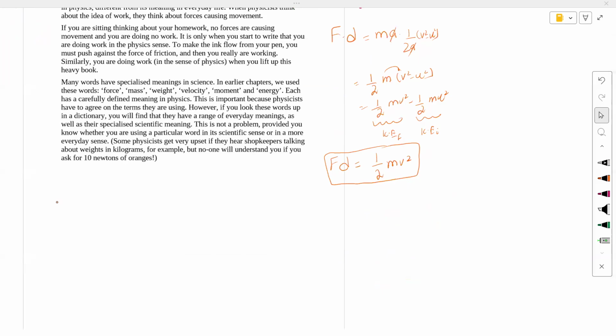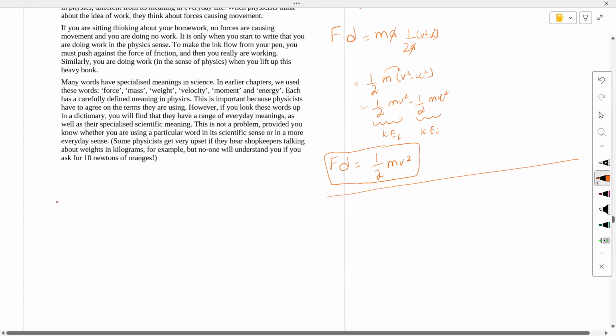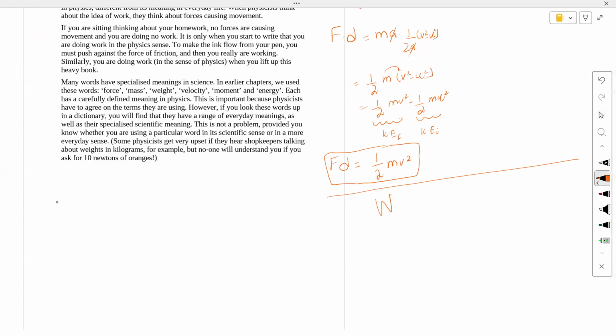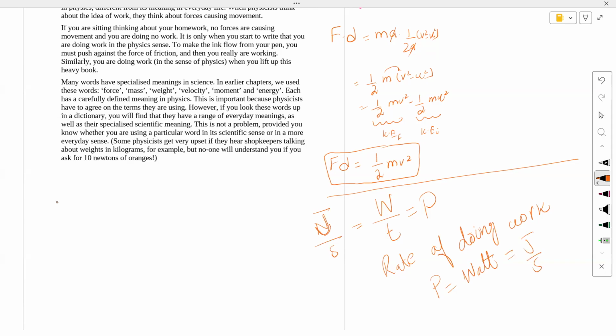We know that whenever work is done, and we see in what time that work is completed, this is known as power. It is defined as the rate of doing work. What is the unit of power? Watt. And what will its unit be in base units? Work done is equal to joules, so joules per second.